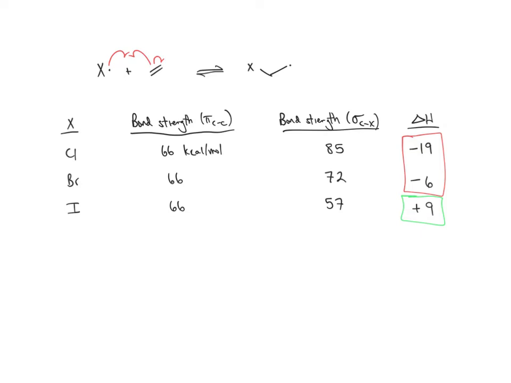So we have the possibility, of course, of the chloride reaction still working because it's endothermic for that first propagation step. But let's take a look at the second propagation step. The second propagation step involves the abstraction of a hydrogen.